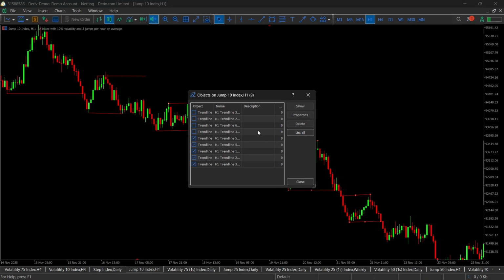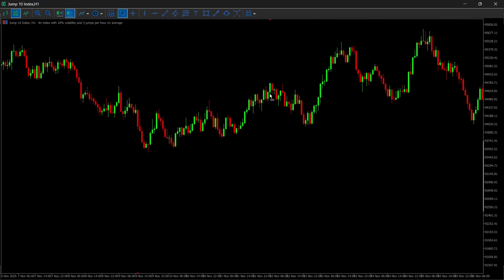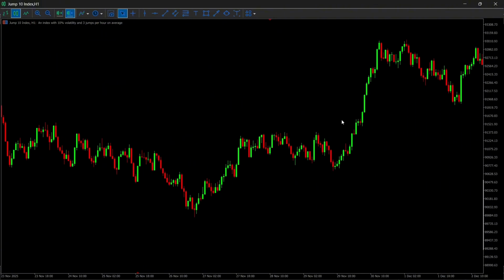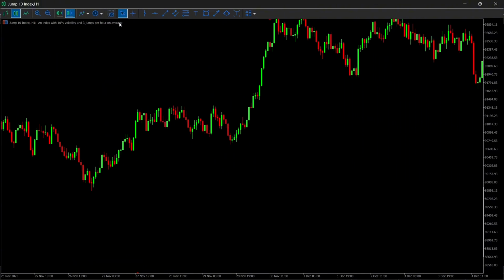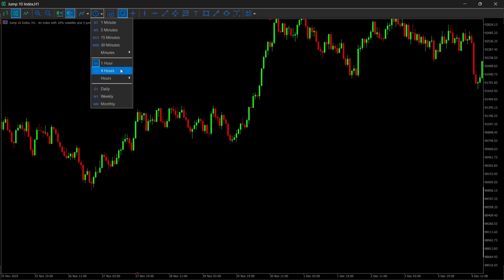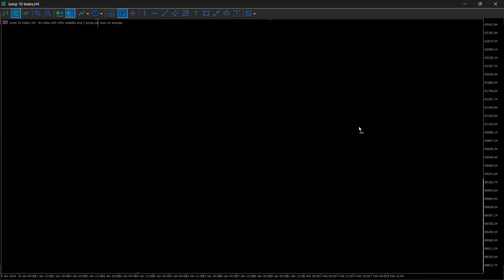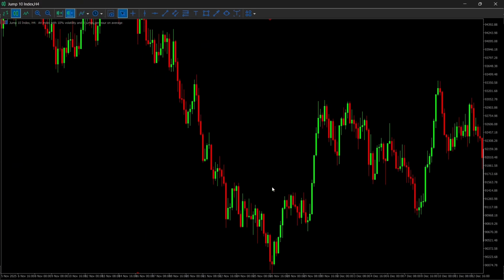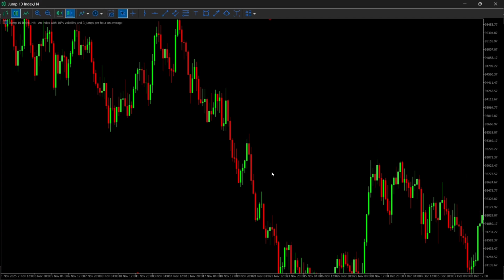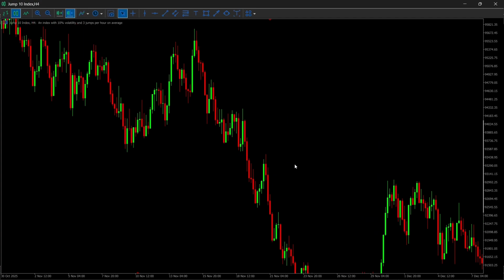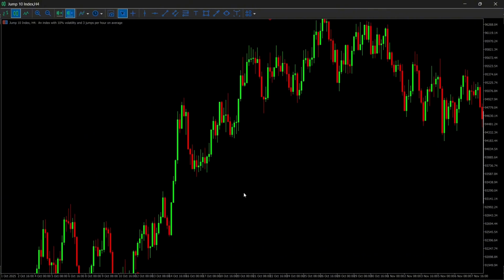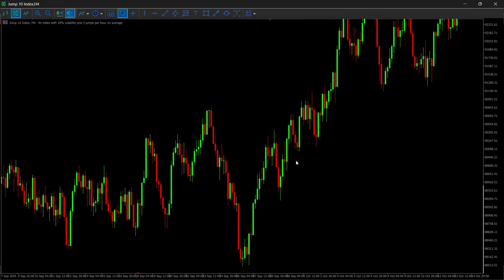Let me clean this up. I'm going to look for a clear pattern for you to understand what I'm trying to talk about. Let me go to the 4 hours. Though I'm saying types of choppy movement or a range movement, I'm just trying to look for a clean explanation of it for you.